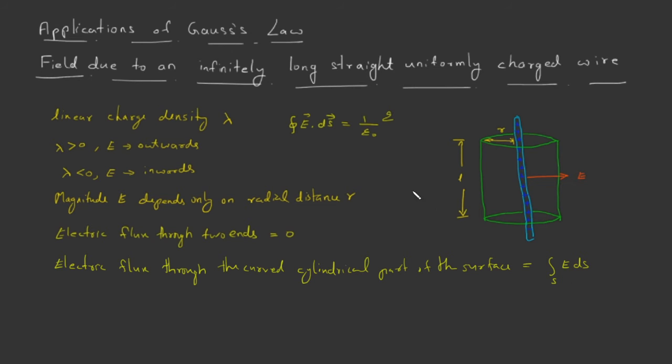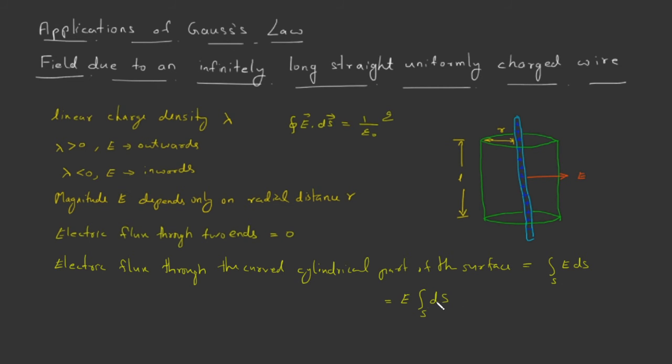Therefore, we can write E dot ds is E ds, and we can write it as E into surface integral ds, because E is same for all the points on the curved cylindrical part of the surface.